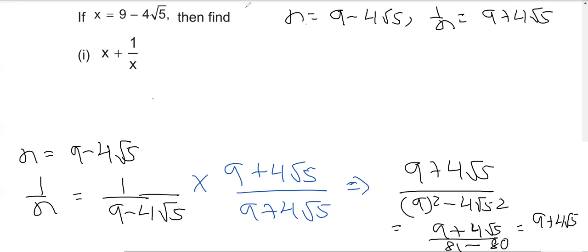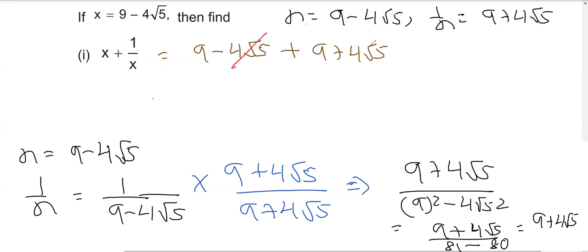Now, once we have got x and 1 by x, we can get the value of x plus 1 by x. We can replace x with 9 minus 4 root 5, and plus 1 by x, which is 9 plus 4 root 5.